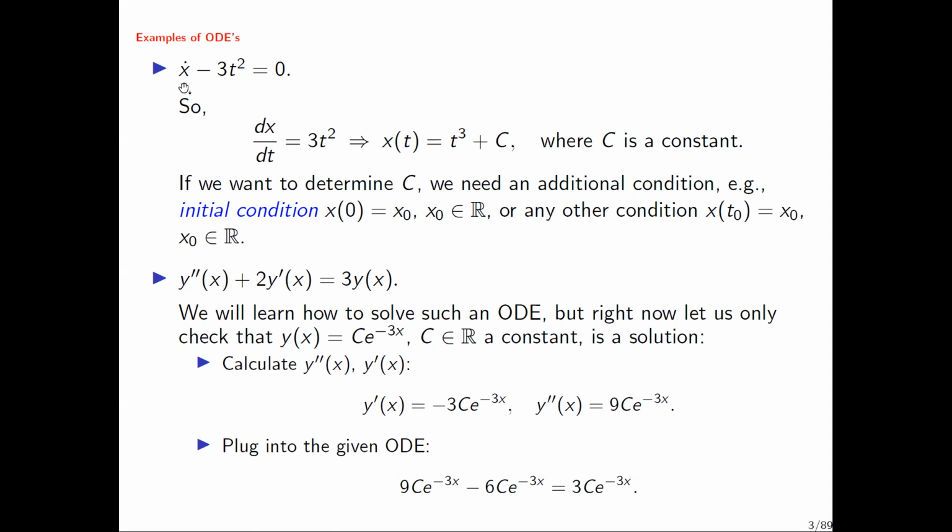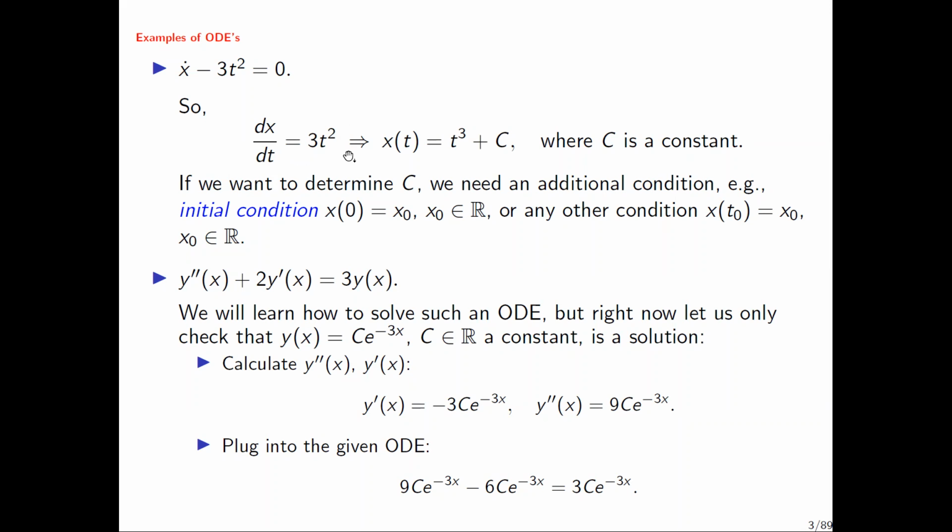Here we can separate variables. We'll return to this technique in a few slides. We put x's on one side, t's on the other. So dx over dt is 3t squared. This x prime can be written in differential notation as dx over dt. Differentials behave like numbers, so we can multiply by dt to put dt on the right-hand side.